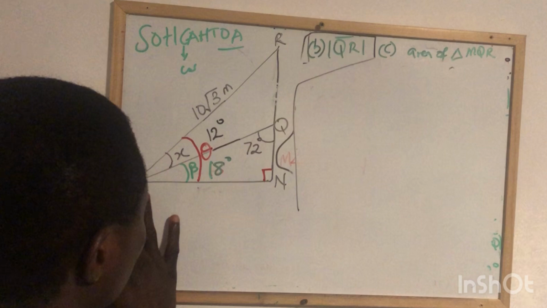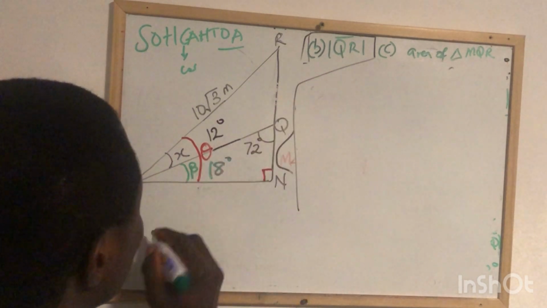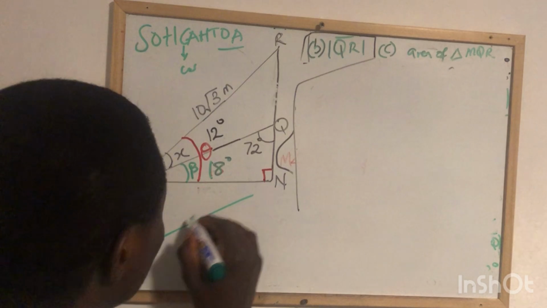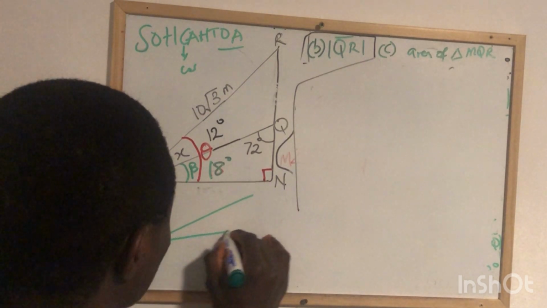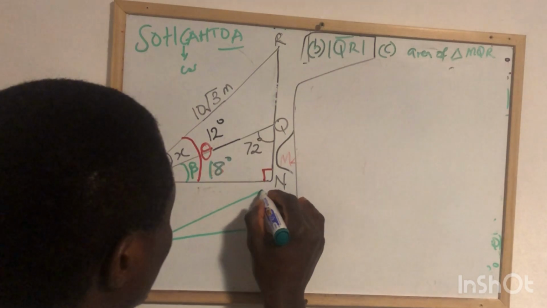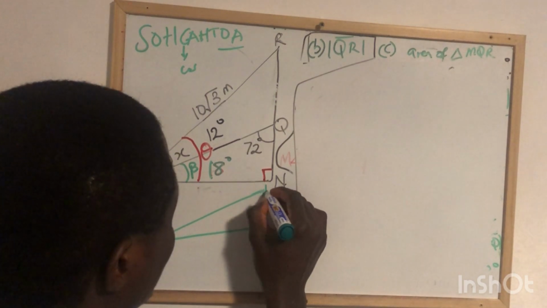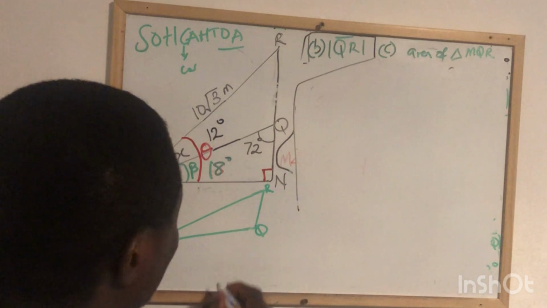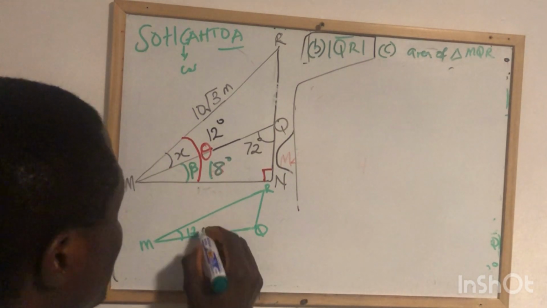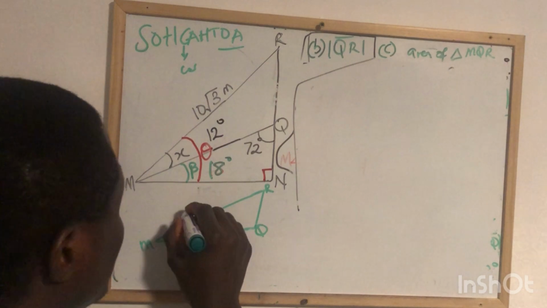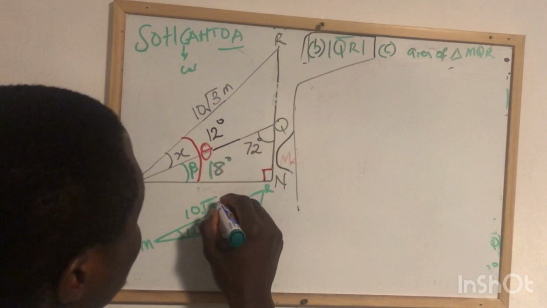The first thing is to draw that triangle out. So we have something like this: MQR, and we have 12 degrees, we have 10 root 3 meter.